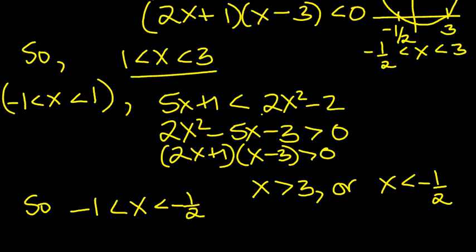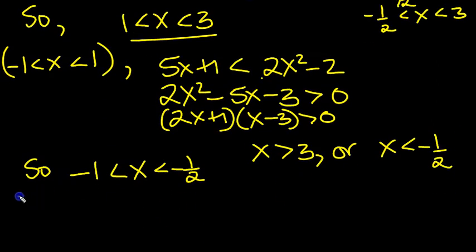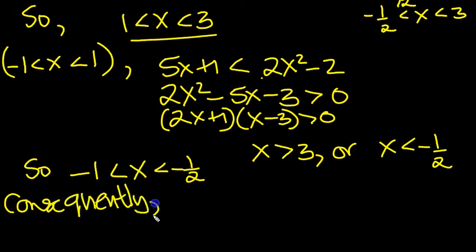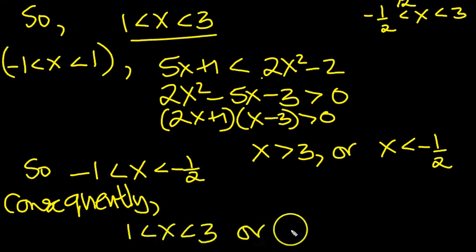So there's our solution set. So finally then, consequently, let's just pull the two subparts of the problem together. Consequently, x can lie between 1 and 3, and x can lie between minus 1 and minus 1/2.